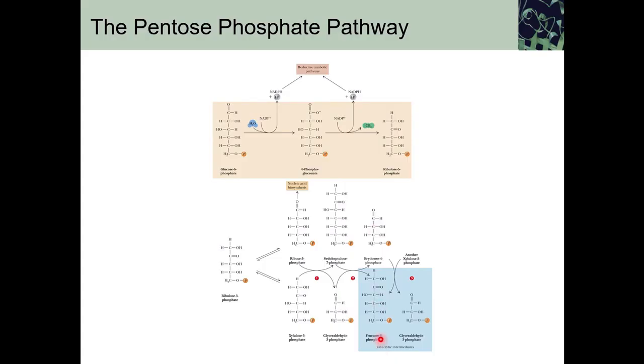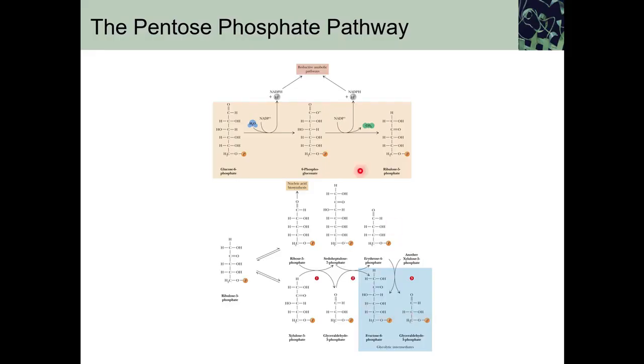This erythrose 4-phosphate reacts with another molecule of xylulose 5-phosphate to produce fructose 6-phosphate and glyceraldehyde 3-phosphate.